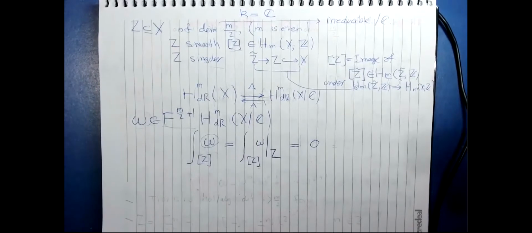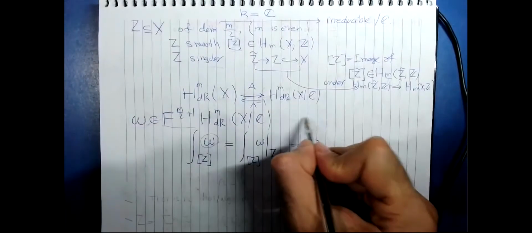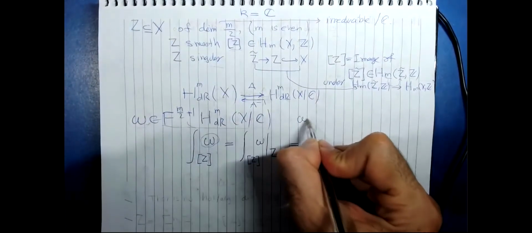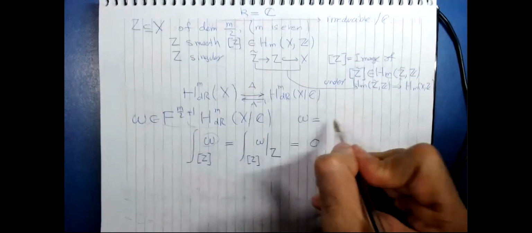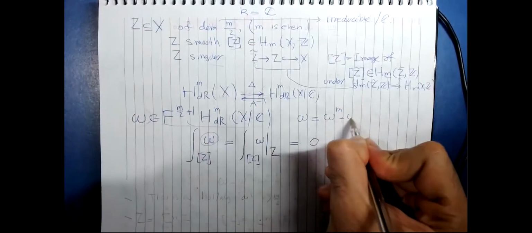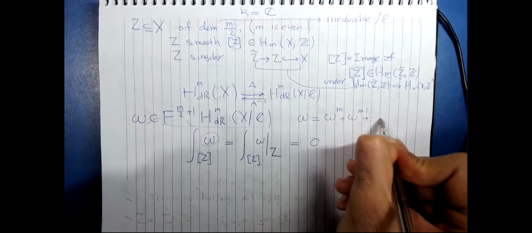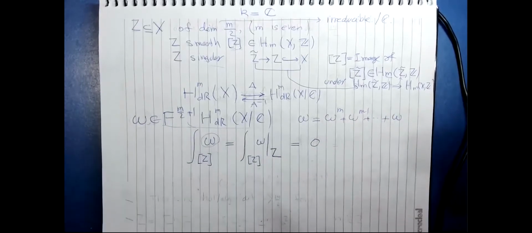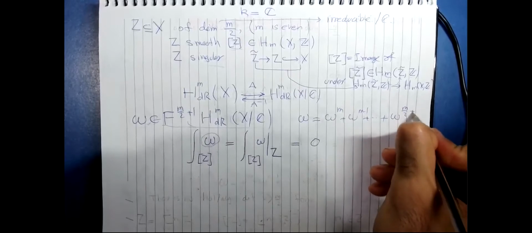And why is this the case? This is the case because by definition omega will be of the form omega_m plus omega_(m-1) plus and so on until omega_(m/2+1).